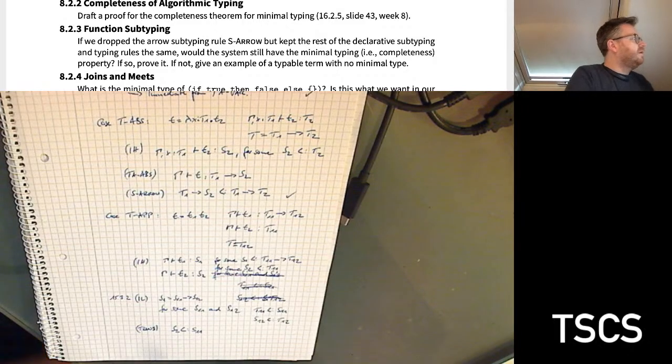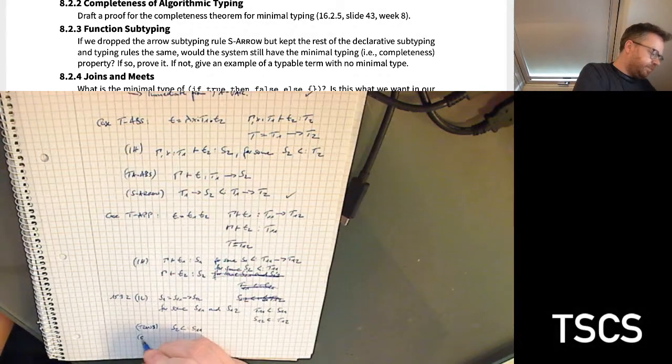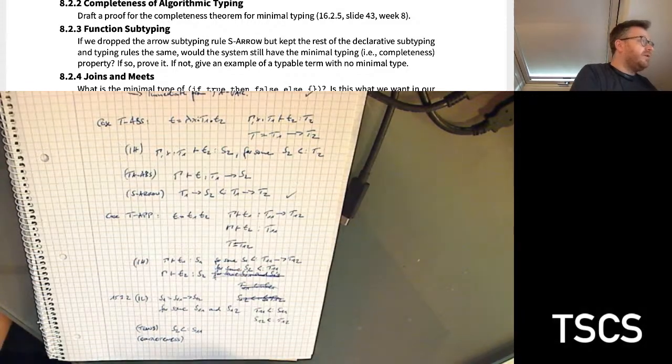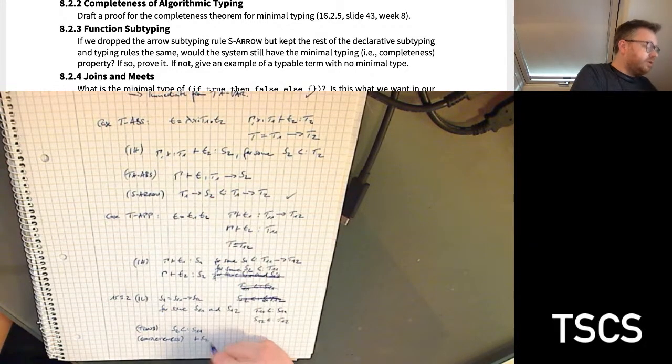Good. Completeness now gives us the following, that S2 is well typed as a subtype of S11.